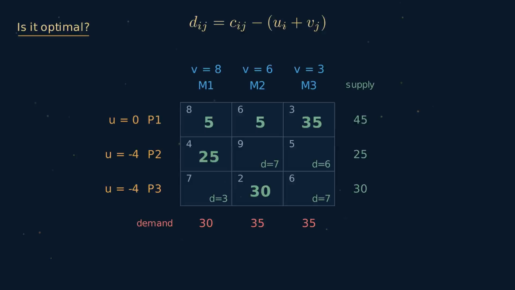There is no route you could open that would not make things worse. That is the certificate. When every empty cell has a non-negative number, the plan cannot be improved, and 335 is the minimum. If even one of them came out negative, we would have work to do.